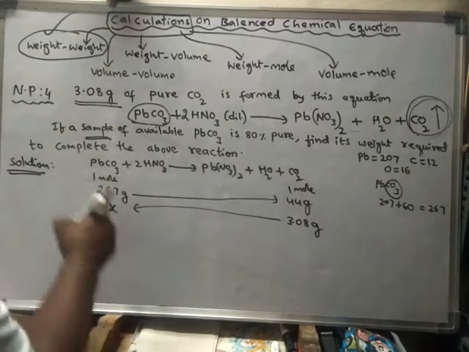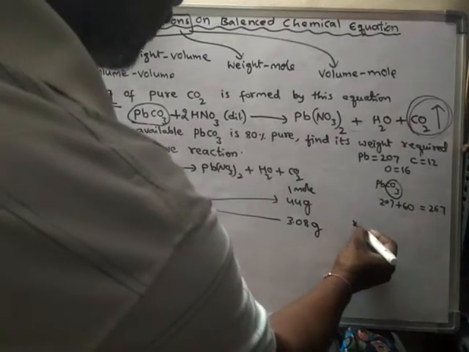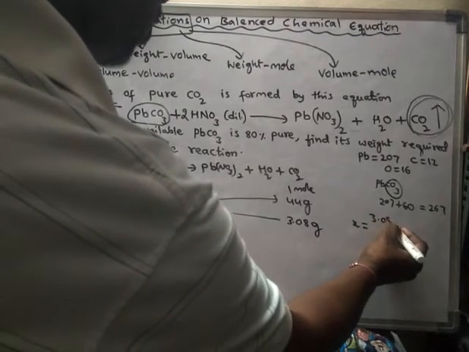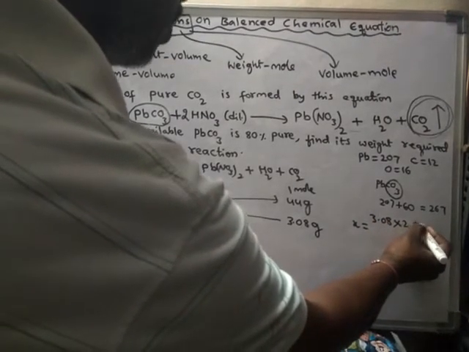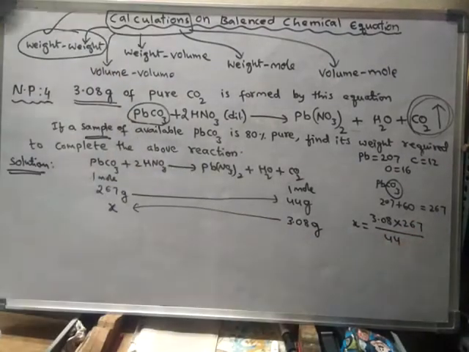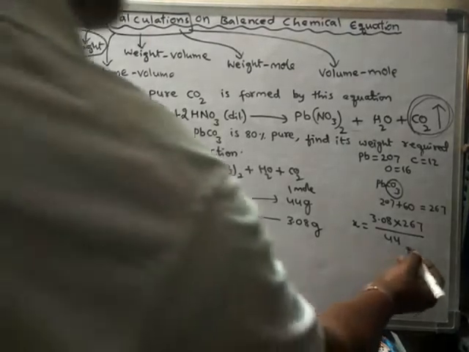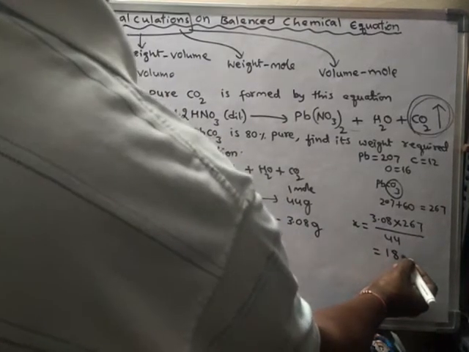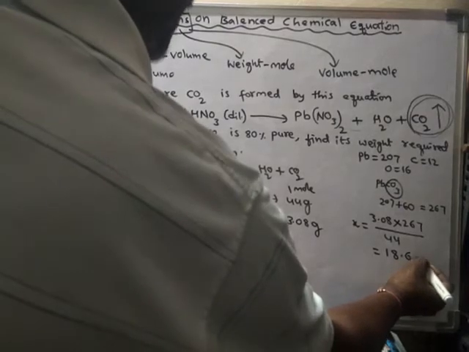So now upon cross multiplication, X will be equal to what? 3.08 into 267 by 44. So we will get some value: 18.69 grams.